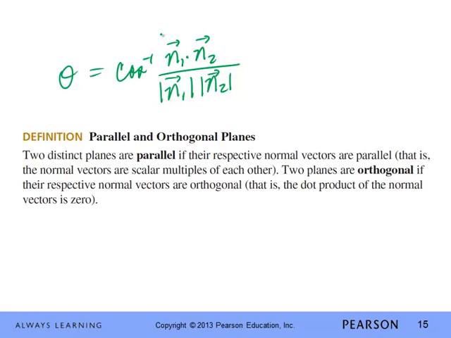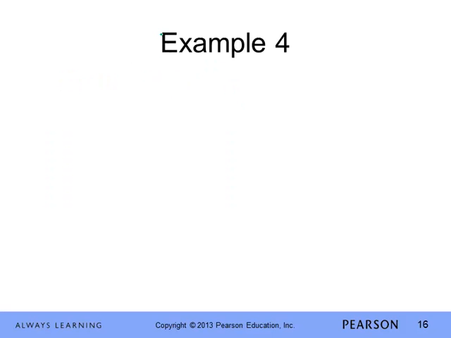All right, moving along here. Take another example here. Example number 4, they give us 4 planes. We have plane Q given by 2x minus 3y plus 6z is equal to 12.